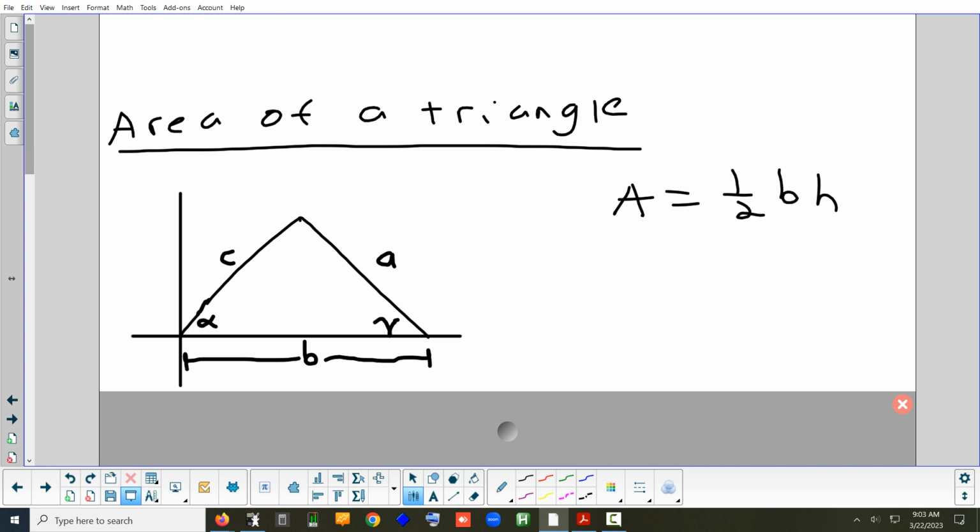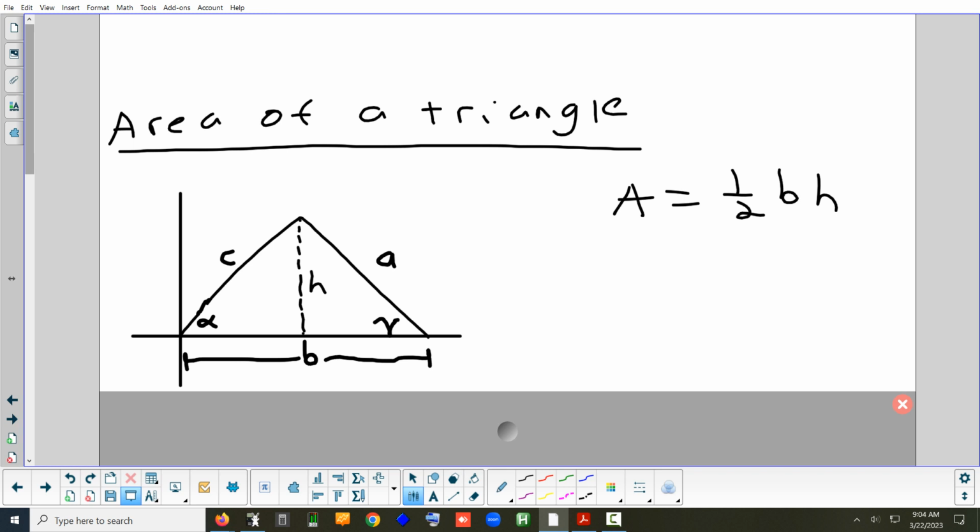I've drawn a triangle, and I labeled the sides A, B, and C, just like we always do. And I labeled some of the angles across from those sides. I put alpha across from A, and I put gamma across from C. That dotted line that I just drew, that's the height.